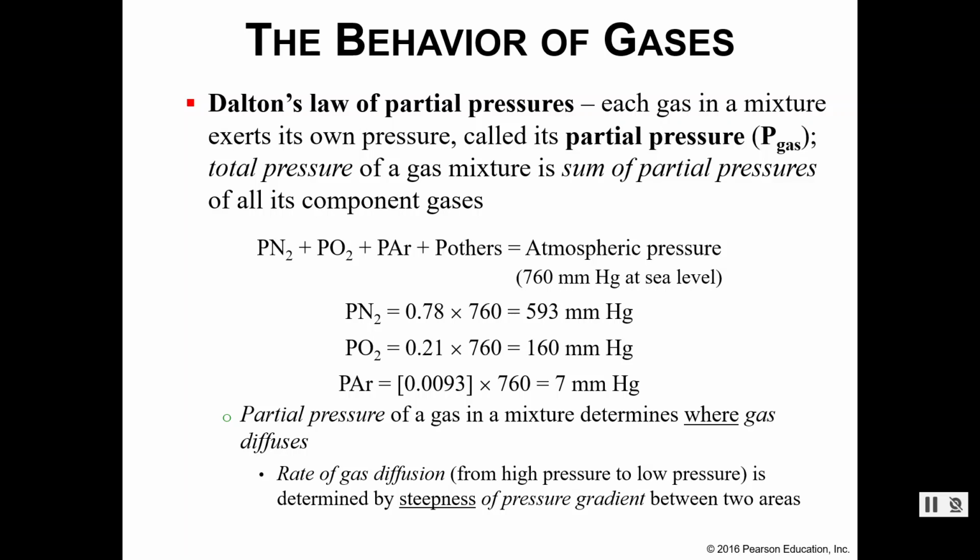So the greater the difference in a partial pressure outside of the body versus inside of the body, the faster the gas will diffuse. So this is one of the reasons that oxygen moves from outside of our body to inside of our bodies, while carbon dioxide moves from inside of our bodies to outside of our bodies.